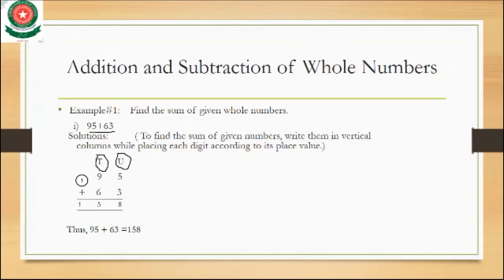Below the T you will write the first digit. The first digit of 95 is 9 and the next is 5.